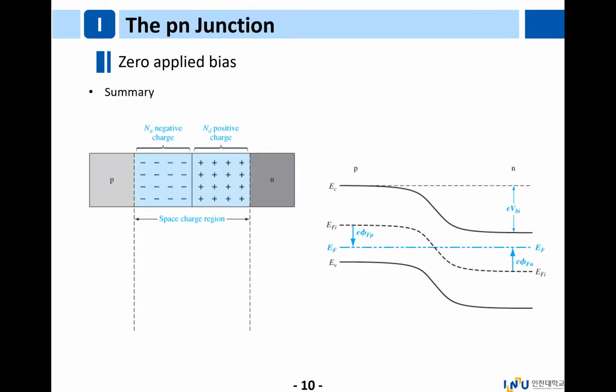Let's summarize the concepts we've learned so far. Consider a situation where the left side is p-type and the right side is n-type, examining the thermal equilibrium state first. In this scenario, the Fermi level will naturally be maintained horizontally, right? Because it is thermal equilibrium.